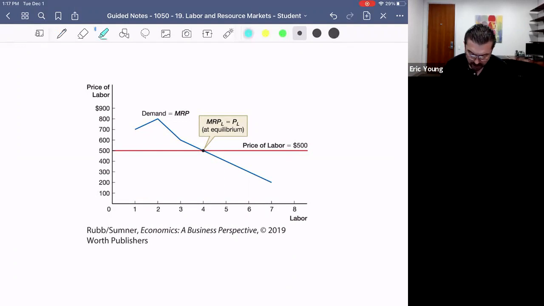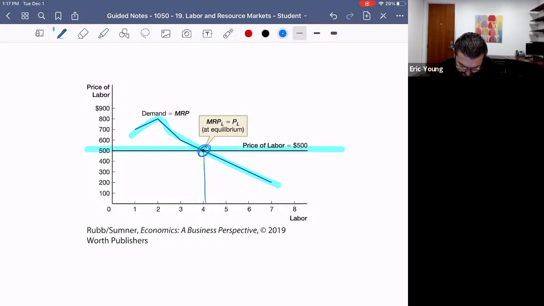You might recall that we had the labor demand curve, which was the MRP, the marginal revenue product of labor. And then we also had, I assumed, a wage rate of $500, which gave us the wage. And we had this equilibrium point, and that was our number of workers. Okay, and we learned that earlier.